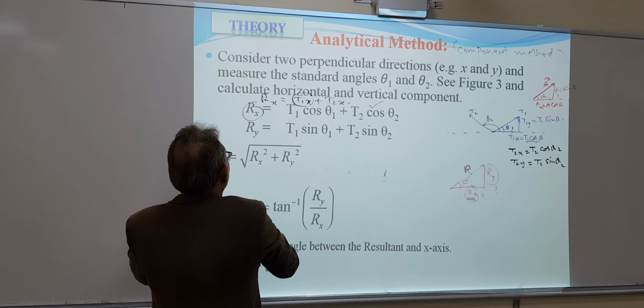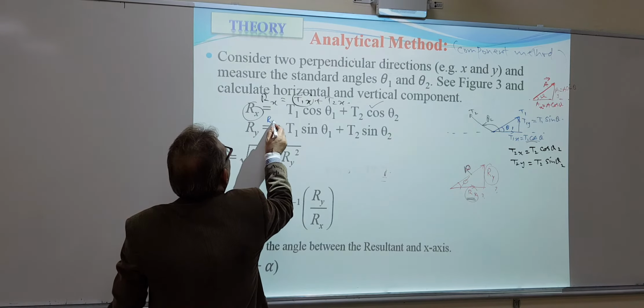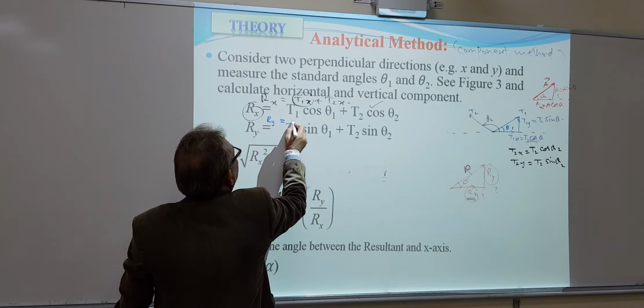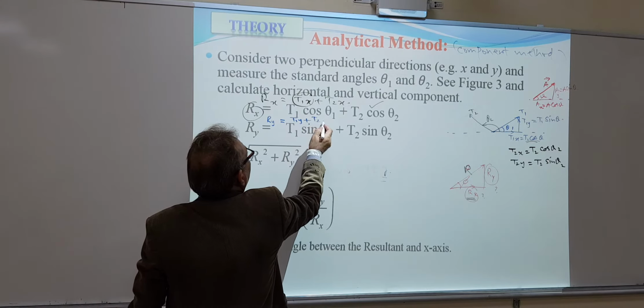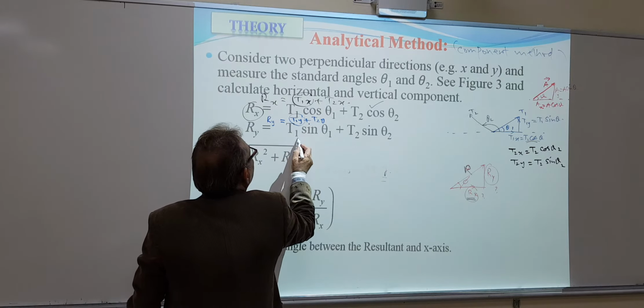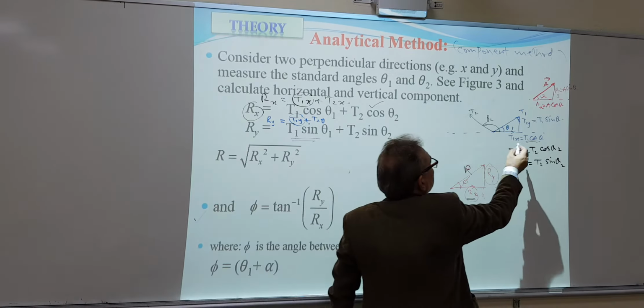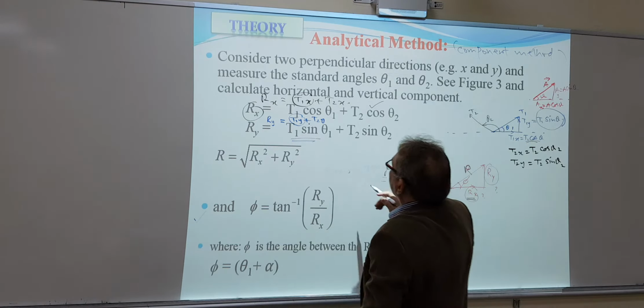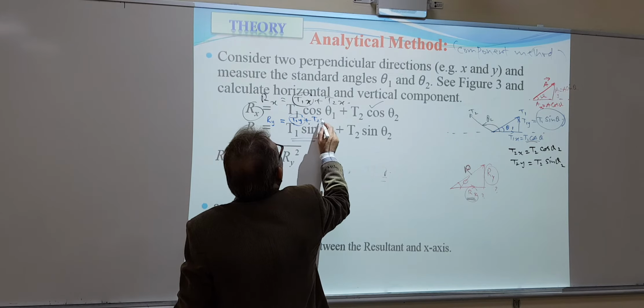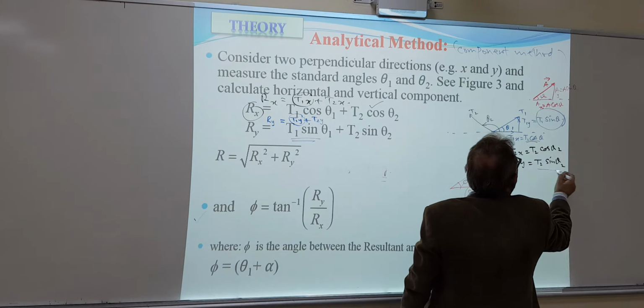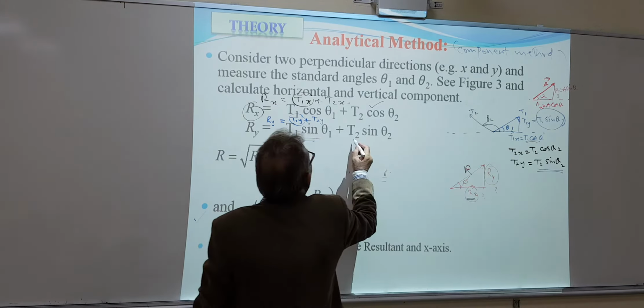Similarly, to get the y component of the resultant, you add the y component of the first vector T1 and the y component of the second. So T1y is this one, T1 sine theta 1, plus T2y, which is T2 sine theta 2.